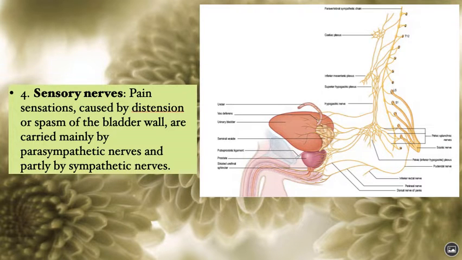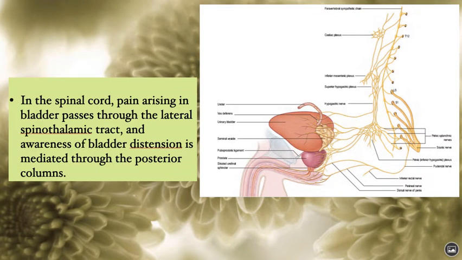Now, the pain sensations caused by the distension or spasm of the bladder wall are carried mainly by the parasympathetic nerves and partly by the sympathetic nerves. In the spinal cord, pain arising in the bladder passes through the lateral spinothalamic tract, and the awareness of bladder distension passes through the medial posterior column.